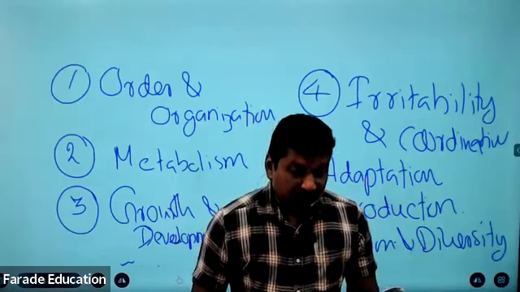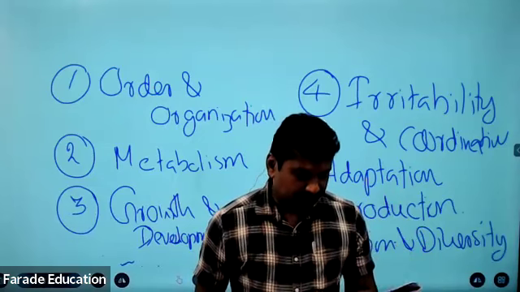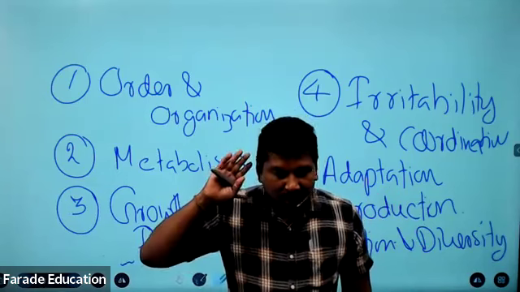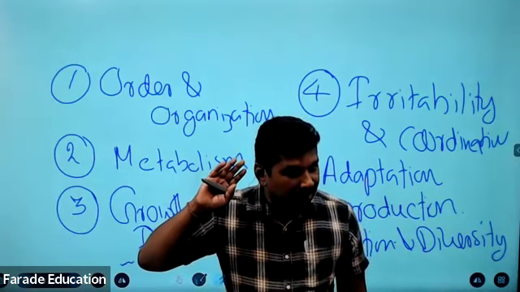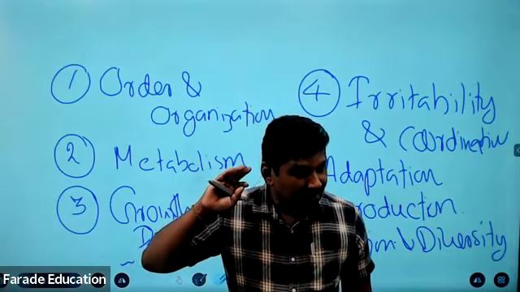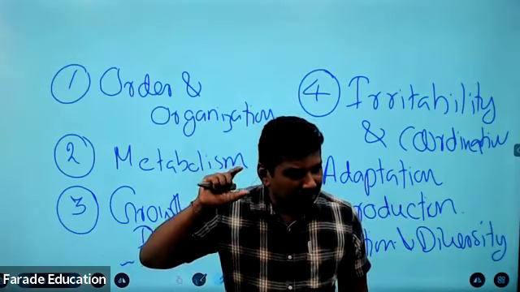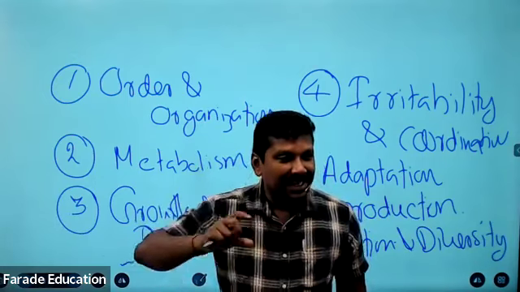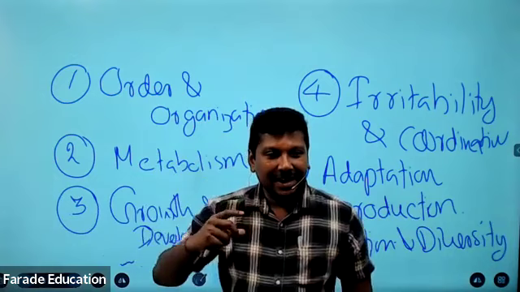Right. Number four, irritability and coordination. What do you mean by irritability? No, you missed the most essential word. Ability. That is the ability, right?